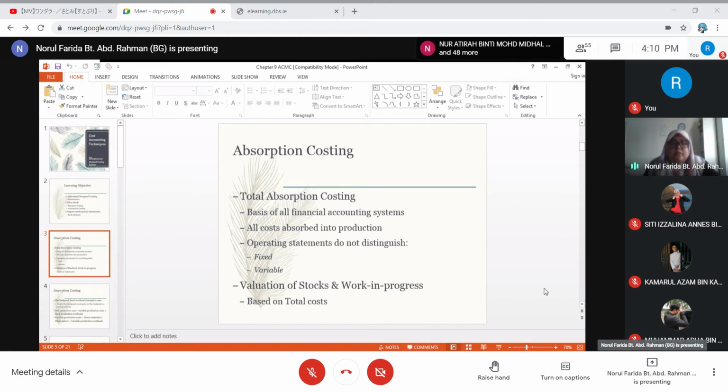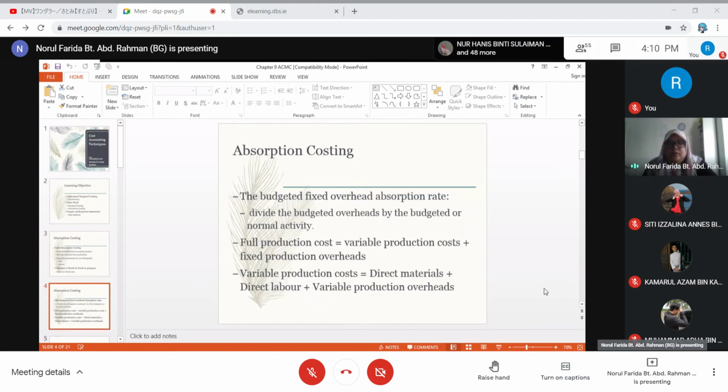Alright, you just take the total of the production overhead and then you divide it by the budgeted or the normal activity. Okay. So full production cost, is it clear down to here? Alright. So full production cost is your variable production cost plus your fixed production overhead.